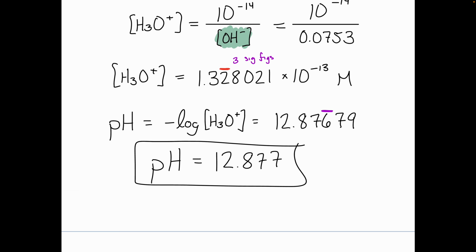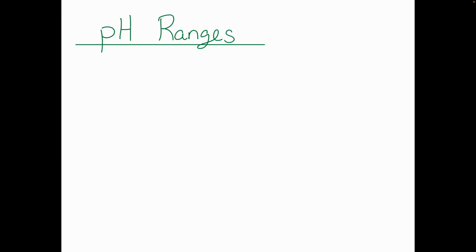All right, so we have these classifications for pH ranges. If you have a pH lower than 7, that is considered an acidic solution.